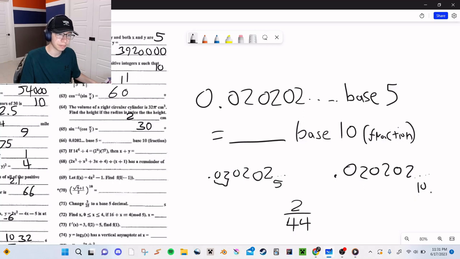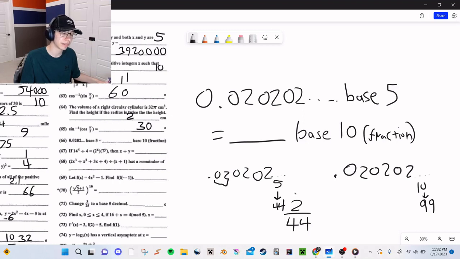well, the denominator is going to be 1 less than the base, so 9, but 2 9s because we're dealing with two repeating numbers. And I like to think of it the same way here. I'm dealing with base 5, so it's going to be 4. I'm dealing with two repeating numbers, so 44.